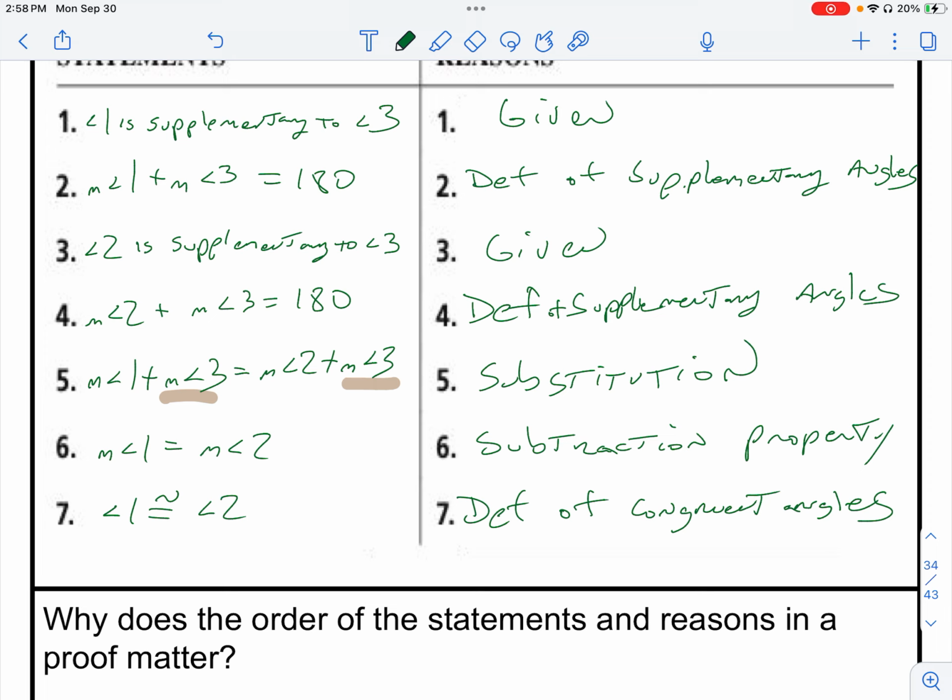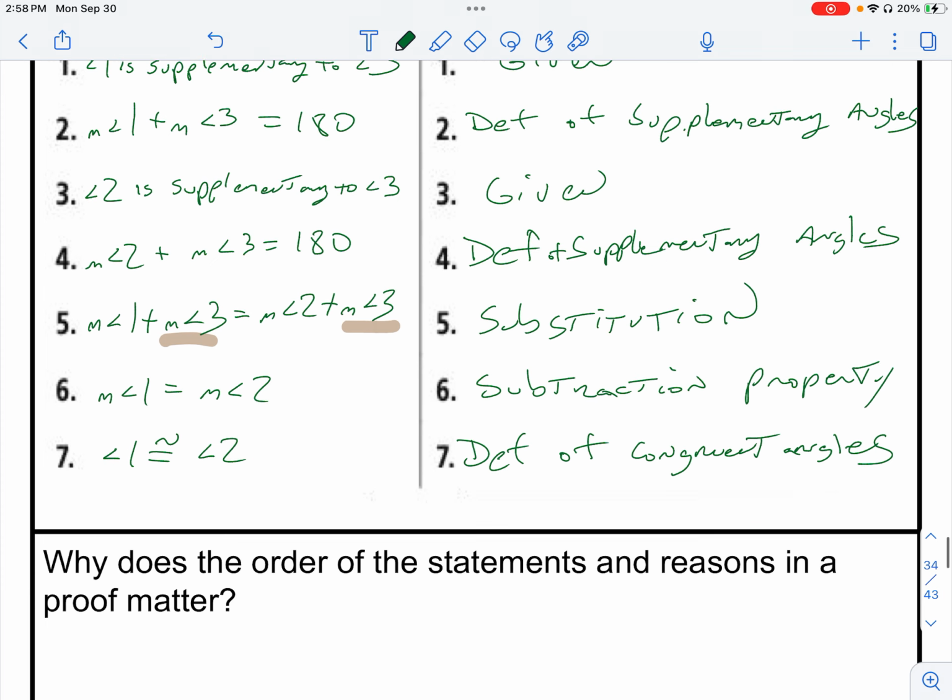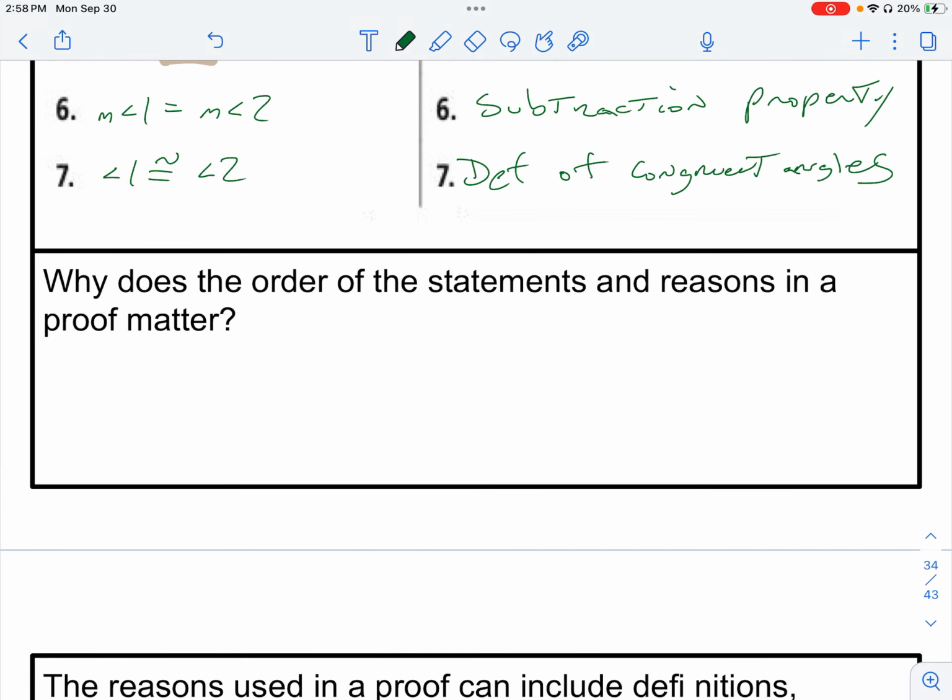So we managed to get there. We didn't skip steps. We're doing well. We're cooking with gas. And why does the order of the statements and reasons in a proof matter? Well, they have to go in a logical order.